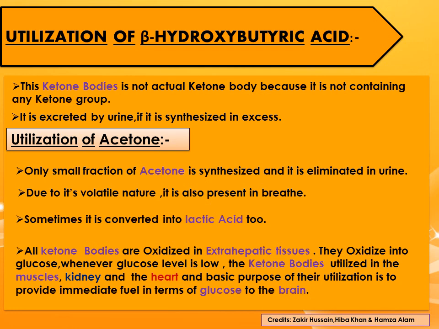They are oxidized to give glucose, specifically for the brain, whenever glucose level is lower, ketone bodies are utilized. Not in the brain, but they are utilized in the liver, muscle, kidney, and heart. The basic purpose of their utilization is to provide immediate fuel in terms of glucose to the brain.